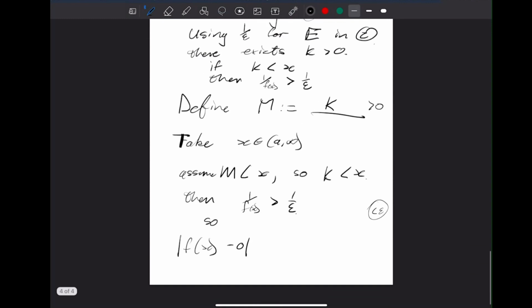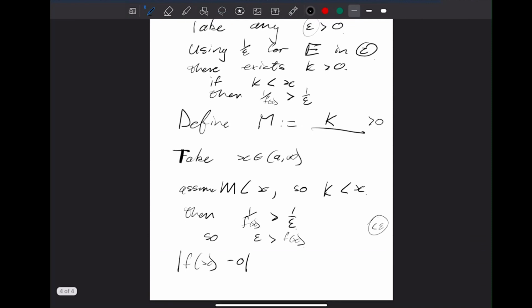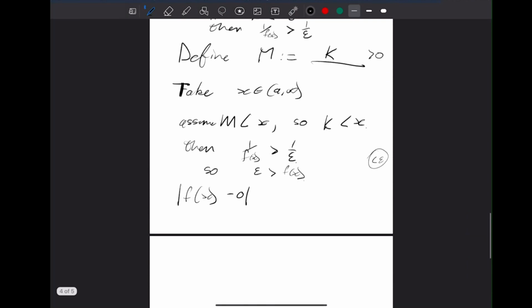So from here everything is positive, so multiplying everything doesn't change the direction of the inequality. Everything is positive. Our assumption said that f of x is positive everywhere. So absolute value of f of x minus 0 is equal to f of x, but that is less than epsilon. And that finishes the proof.